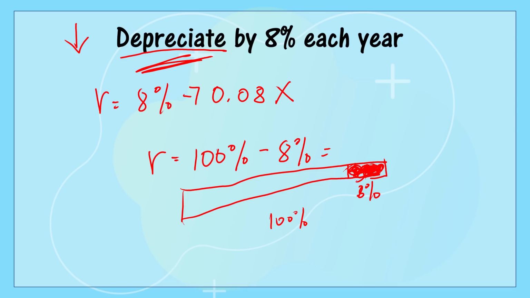O kung mawawala yung 8% na to doon sa buong 100%, ilang percent yung natira? Kaya nangyari na 100% minus 8% and that is 92% or kapag ginawang decimal, that is 0.92.